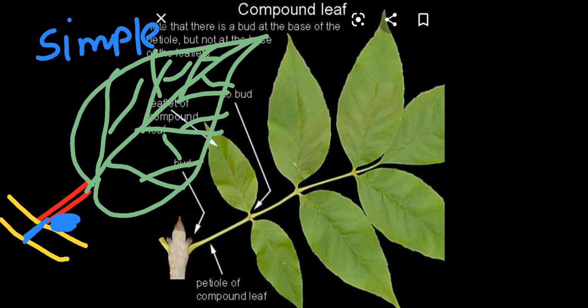Right? Second one: this is the stem axis, then nodes, then leaf, first petiole, then next a leaf is present.